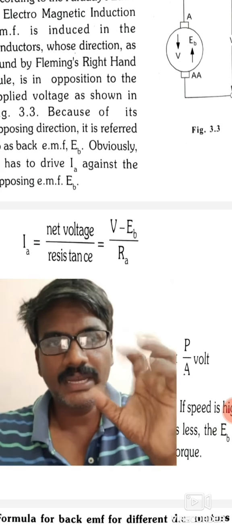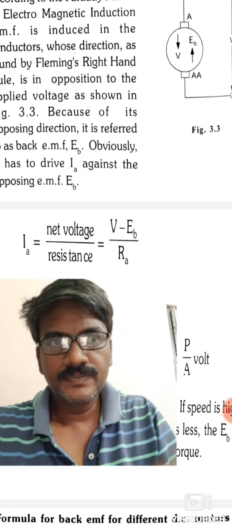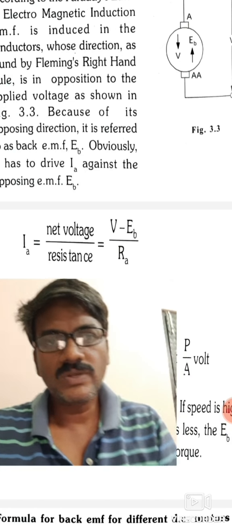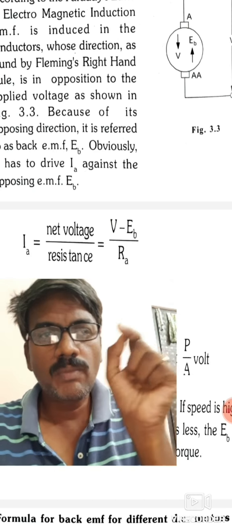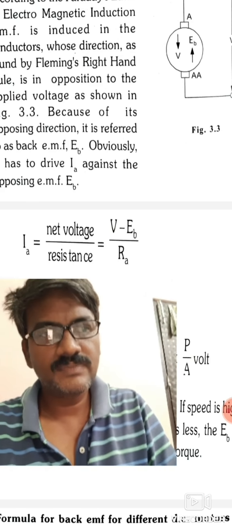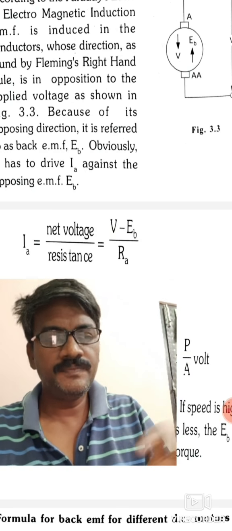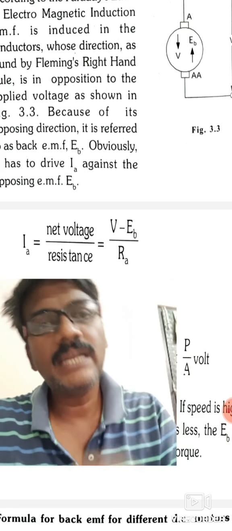So the resultant current passing through the armature winding is given by I is equal to V minus EB. We applied V, minus EB, the back EMF developed in the armature conductors because of the flux cut by the conductors.